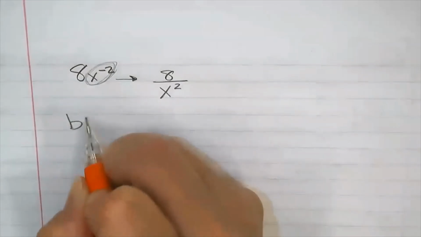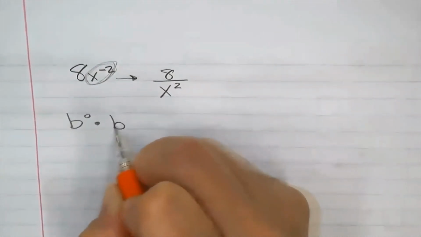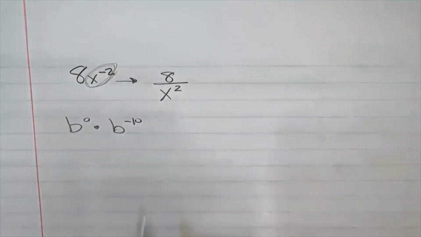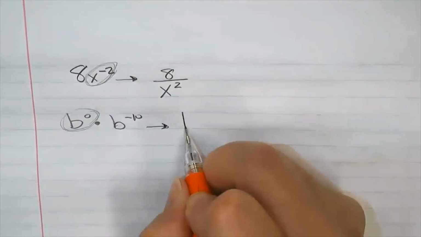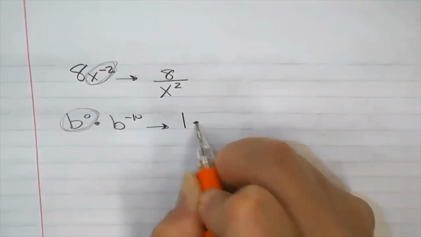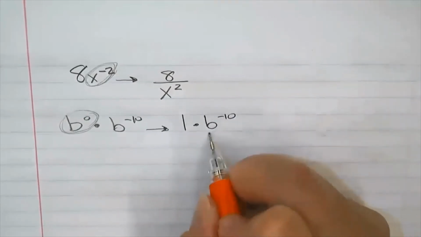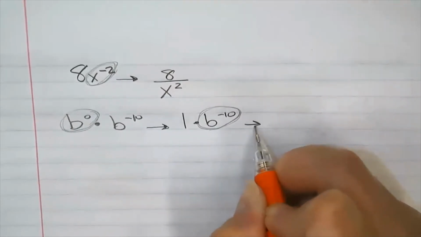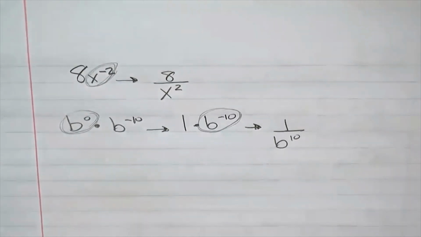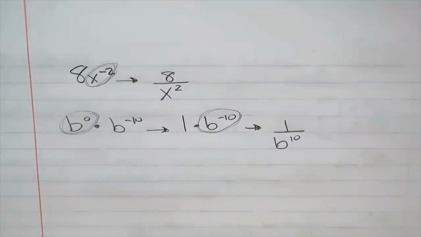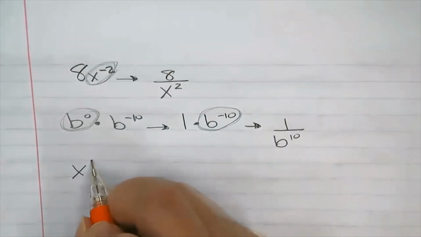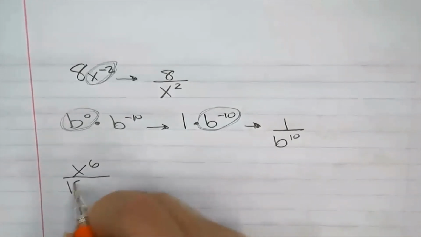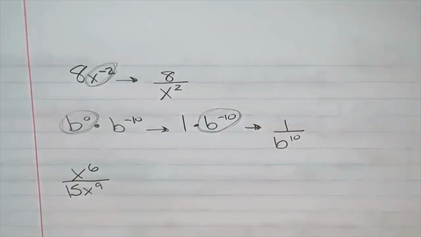Okay, b to the 0 power times b to the negative 10. So let's take a look. Anything to the 0 power is equal to 1, so 1 times b to the negative 10. Since this is a negative exponent, it belongs in the denominator. And our last example, x to the 6th power divided by 15 times x to the 9th power.